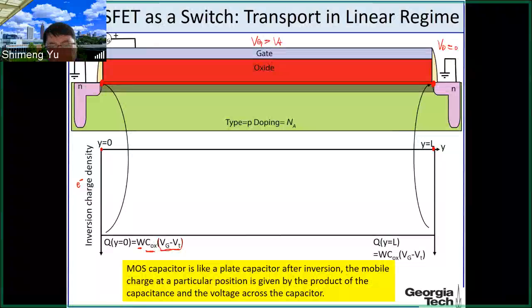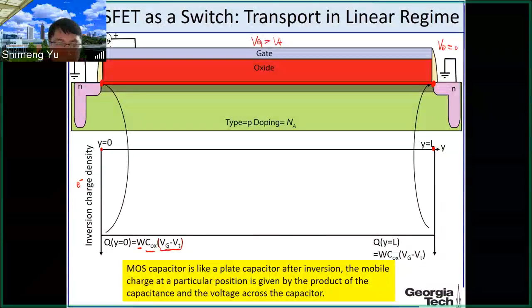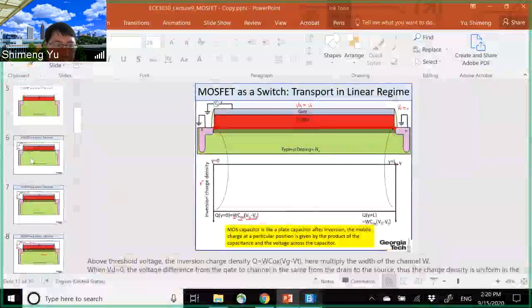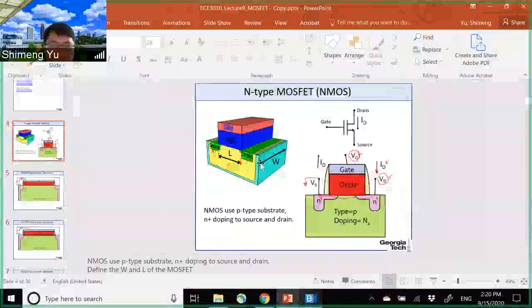W is the width of the transistor, because here we only show the two-dimensional cross-section, but actually the transistor has a third dimension, as we showed in the previous slide. So we need to think about the third dimension. We only show the two-dimensional schematic.